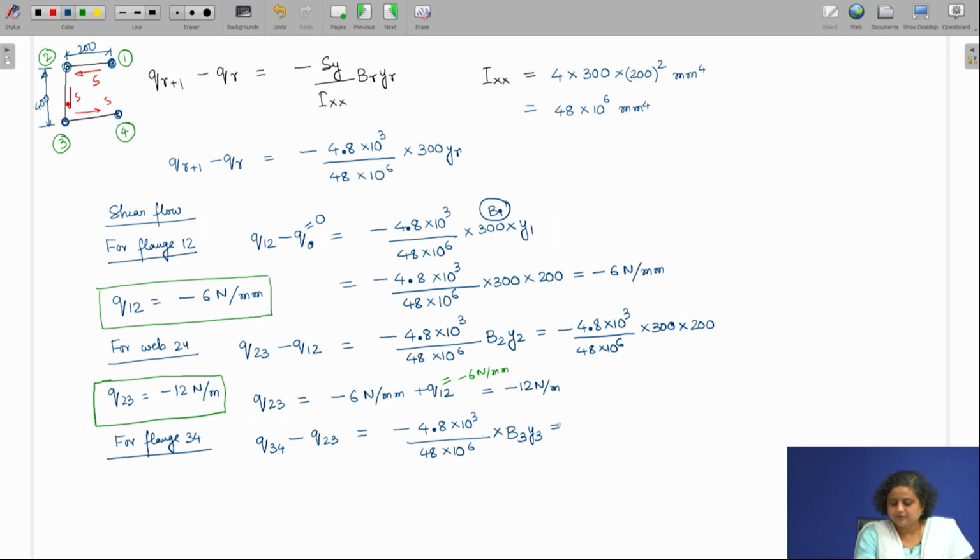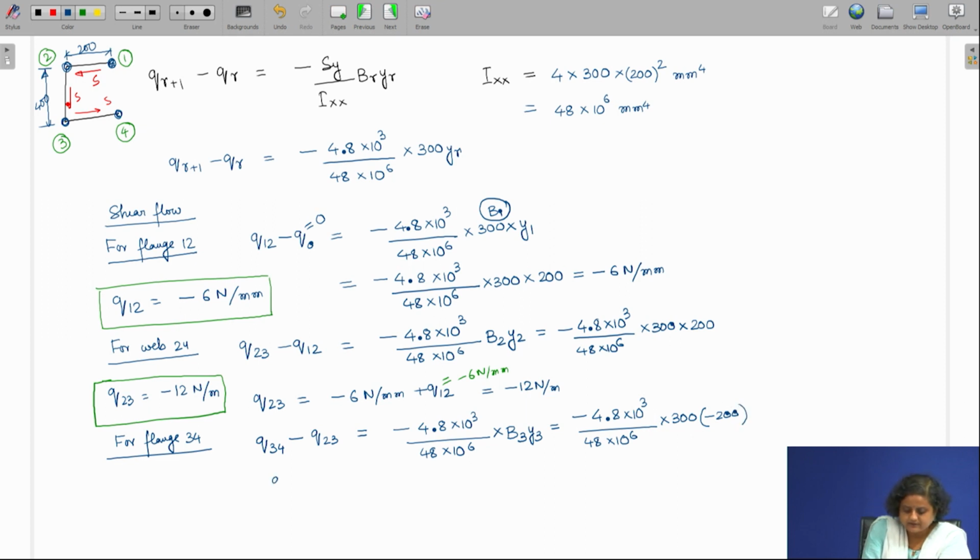So, in place of B3 and Y3, I can write B3 is again 300 and Y3 is minus 200 since it is in the minus direction.